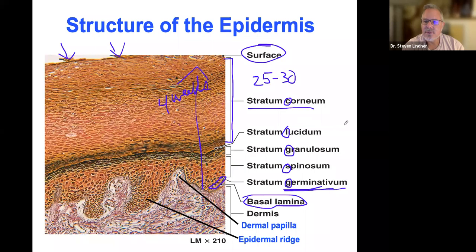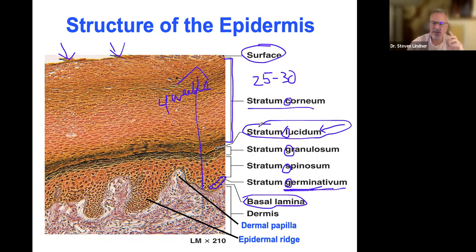Then we have the stratum lucidum. Now, this is the layer right here that we have in thick skin, but we don't have it in thin skin regions. So in the thin skin, you have 4 skin layers. You just take the stratum lucidum out. In the areas like the palms of the hand and the soles of the feet, where we need thicker skin due to excessive friction in those areas, we'll have the stratum lucidum, which is this layer here. Okay, it's lucid. It's clear. Then just deep to that, we have this granular layer that is loaded with granules called the stratum granulosum.